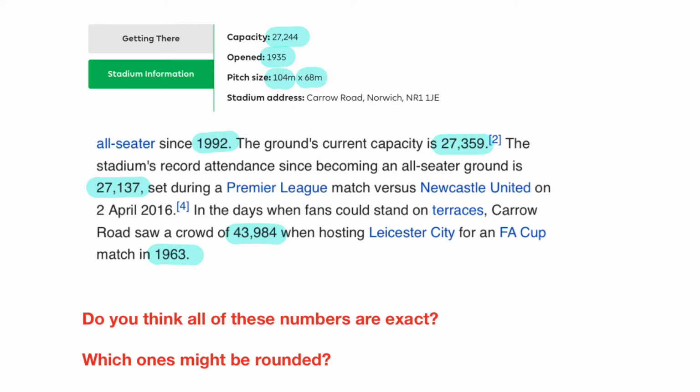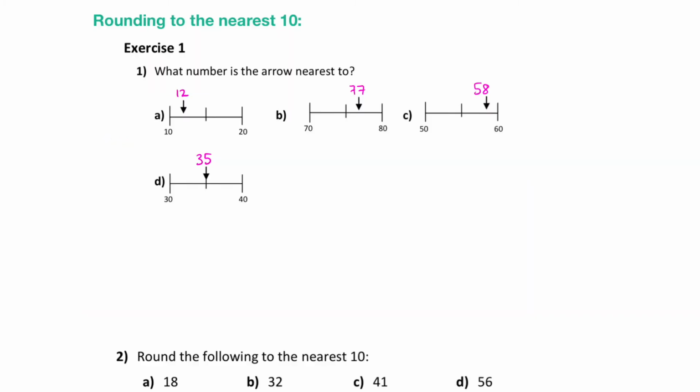Okay, and then in this paragraph here, we've got numbers that are all exact as well. None of those look like they've been rounded. Okay, so we're going to look at how you round numbers. And as we go through, I'll point out situations where this might be a useful thing to do.